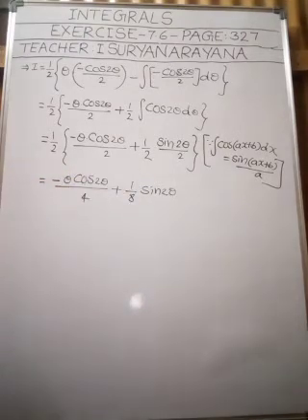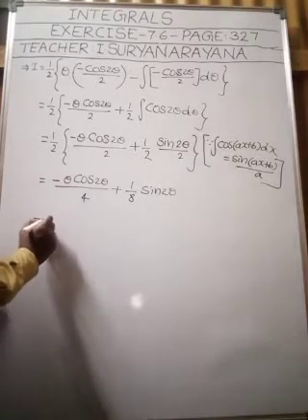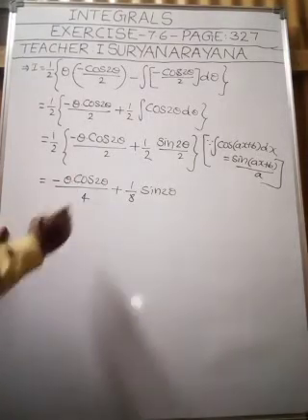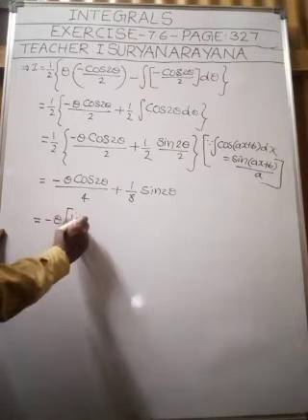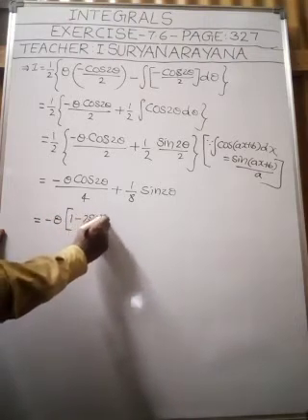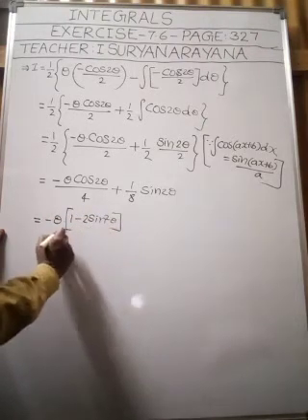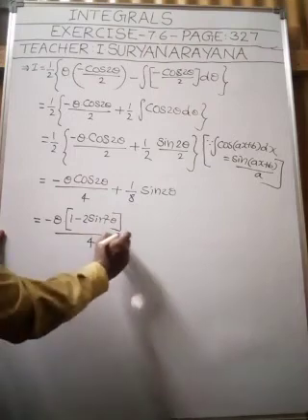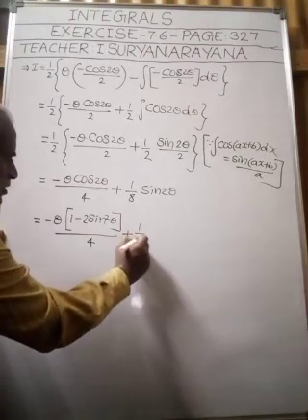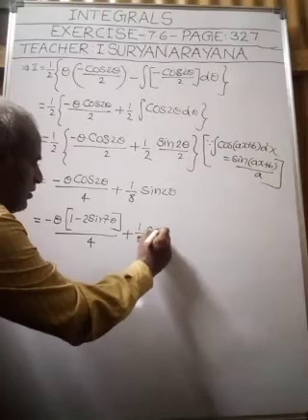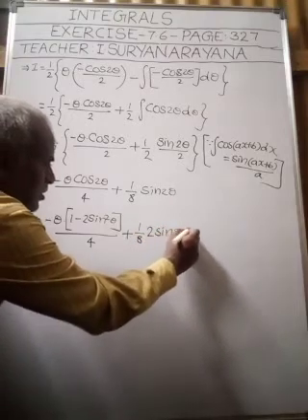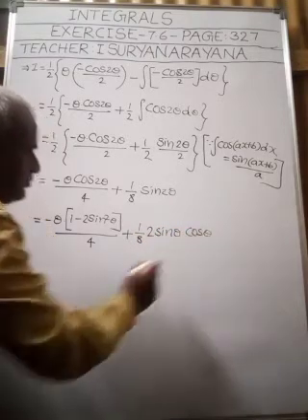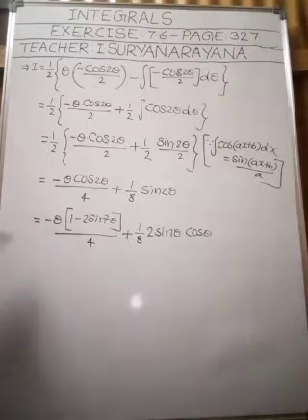Okay, my children, right. So minus theta, cos 2 theta can be written as 1 minus 2 sin square theta, whole divided by 4, plus 1 by 8, 2 sin theta cos theta. Understood this step, my children?